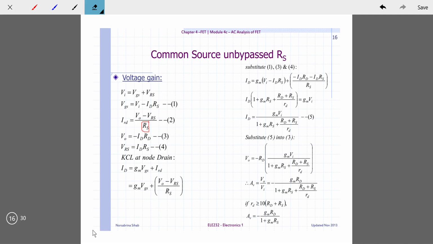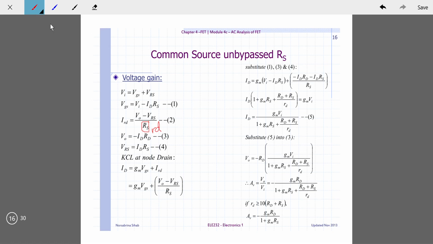This equals RD, small letter RD. Okay, so you guys need to take a note and change this to small letter RD.